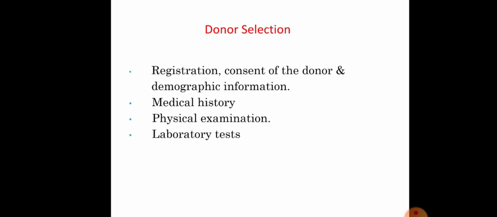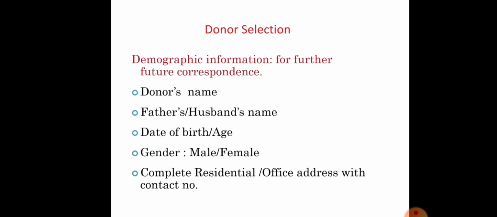Now the donor selection criteria and the rejection criteria. Selection includes registration. You should know the registration details, the consent of the donor, the demographic information, the medical history, the physical examination, and the laboratory tests. We should know the demographic details because we should know the donor's name, the father's name, date of birth, age, gender, and the residence proof.